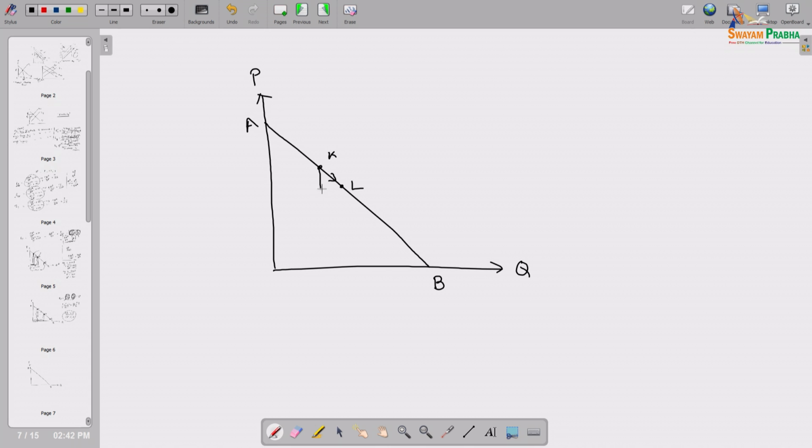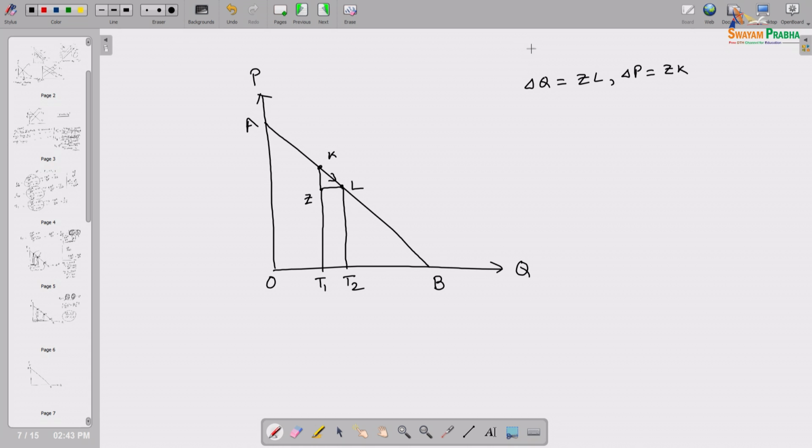Suppose this is O and this corner is point Z. Definitely here delta Q is the distance ZL and delta P is the distance ZK in this particular case. Suppose T1 and T2 are two points.